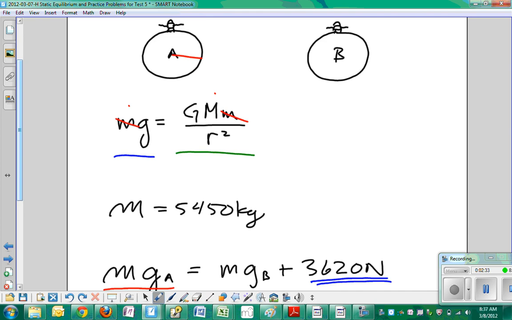Does that make sense? So g, the acceleration, is equal to the gravitational constant times the mass of the planet divided by the radius of the planet squared. And if you put in Earth data for this, the mass of Earth and the radius of Earth, what do you get for g? 9.8 meters per second squared.